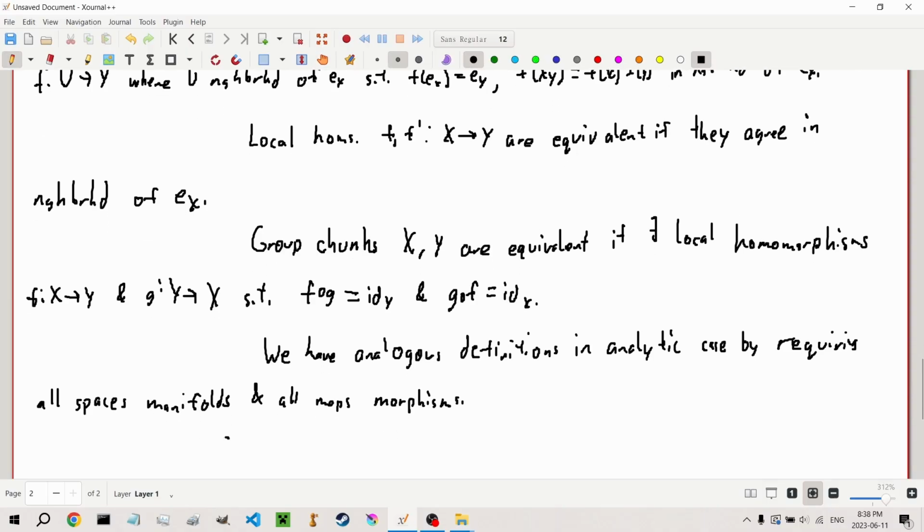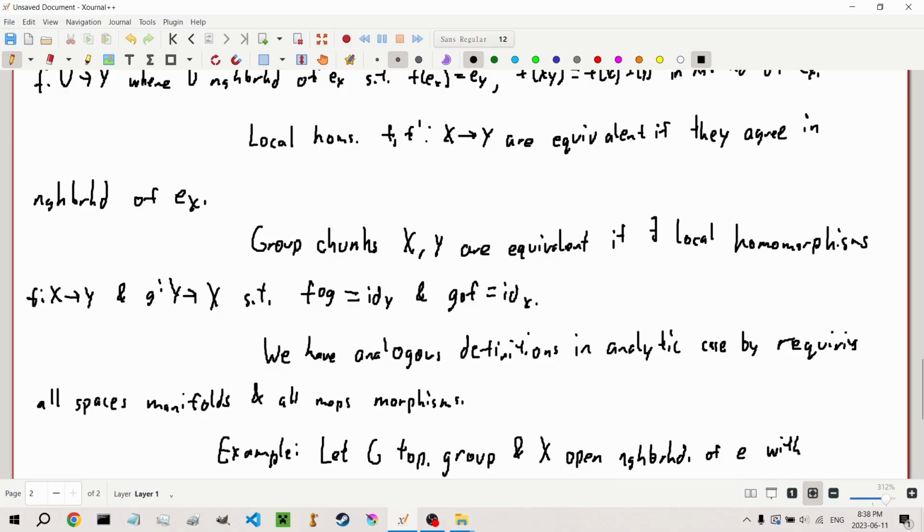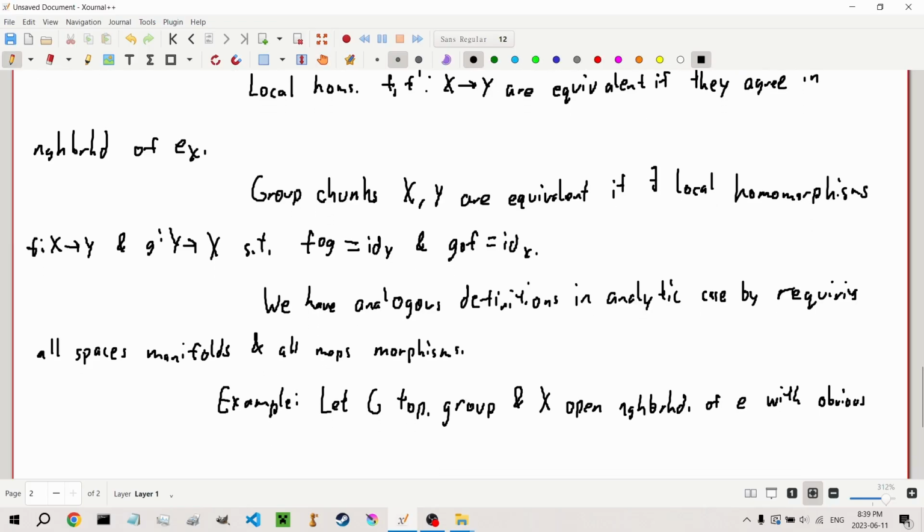So we have an example here. Let G be a topological group and let X be an open neighborhood of E with the obvious group chunk structure.